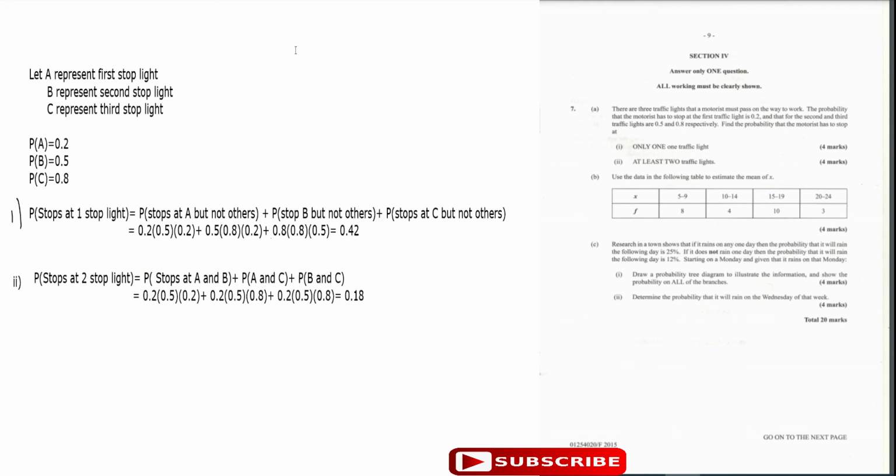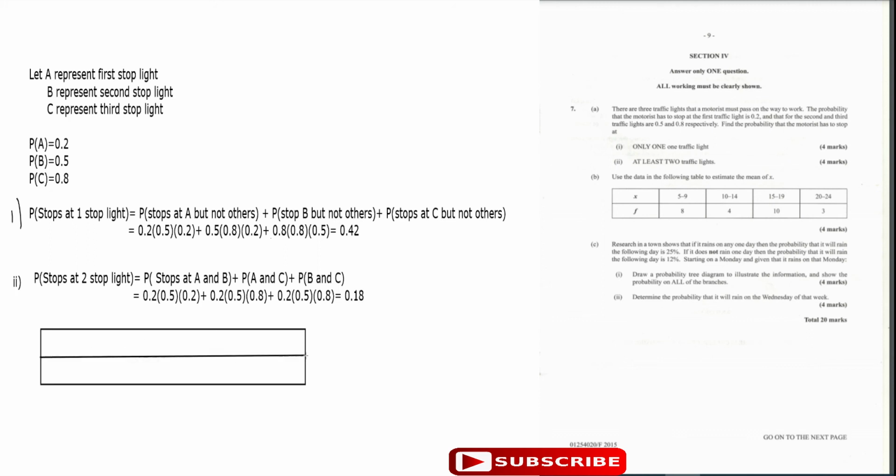So before we can estimate the mean, I want to put down that table here. X and F. One, two, three, four.